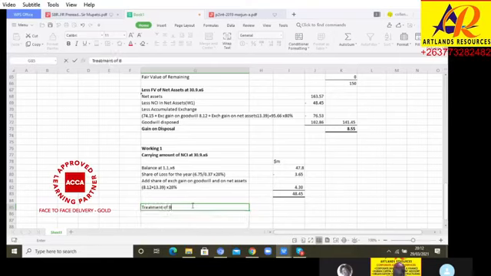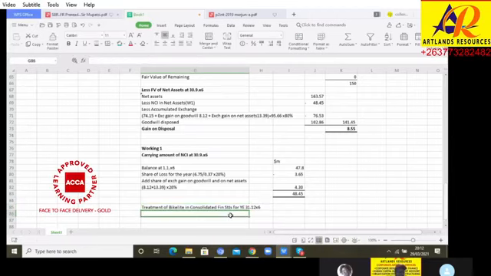Treatment of bike light in consolidated financial statements for the year ended 31 December X6. Here is how you treat bike light for the year.